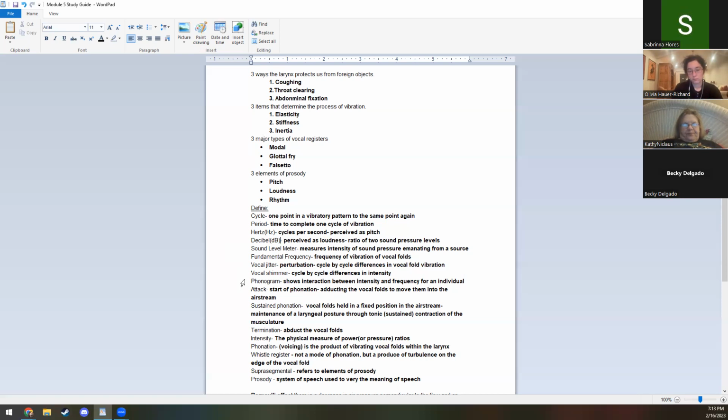Phonogram shows interaction between intensity and frequency for an individual, and then attack is the start of phonation, so it's adducting the vocal folds to move them into the airstream. And then you have sustained phonation, vocal folds held in a fixed position in the airstream.